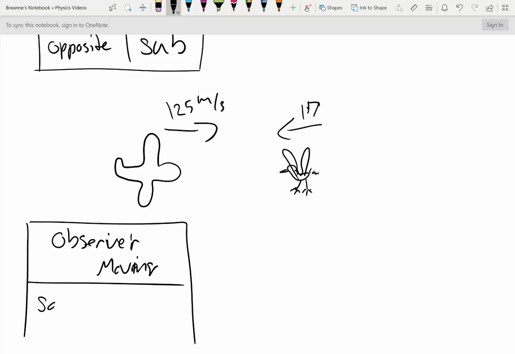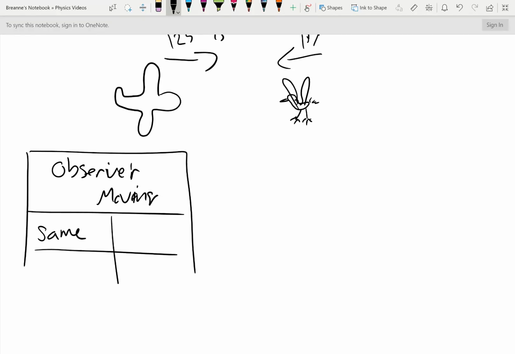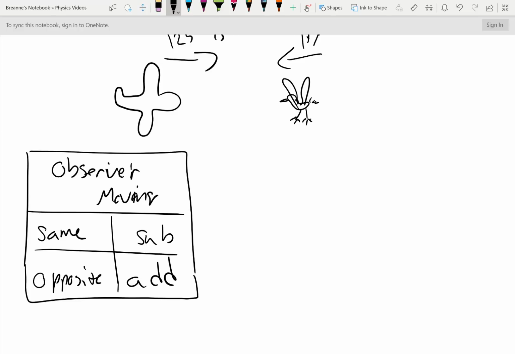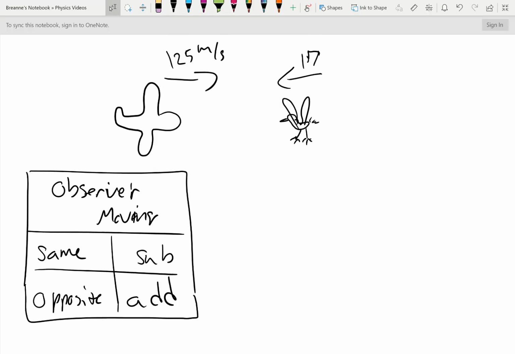So if they're going in the same direction, you would subtract. If they're going in the opposite direction, you would add. So in this case, you'd be going in the opposite direction. So you just add your two vectors.